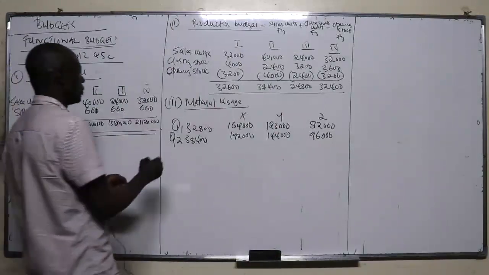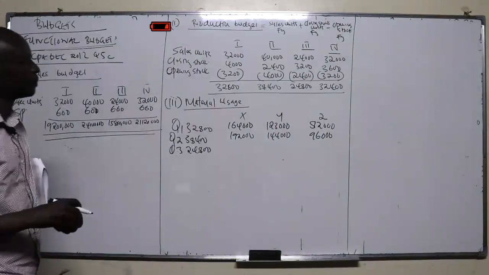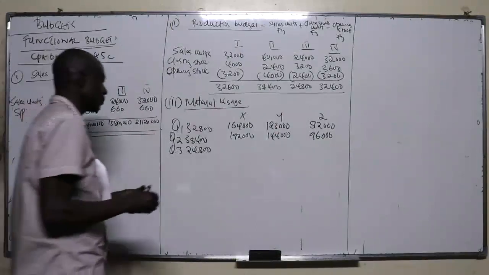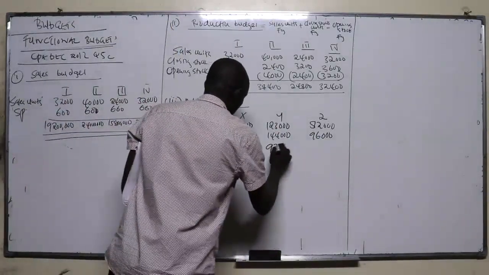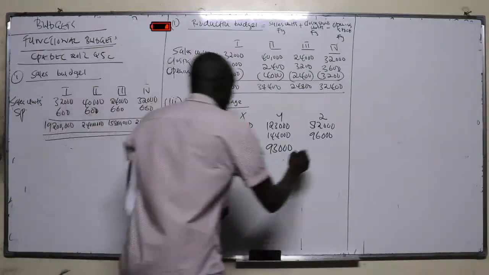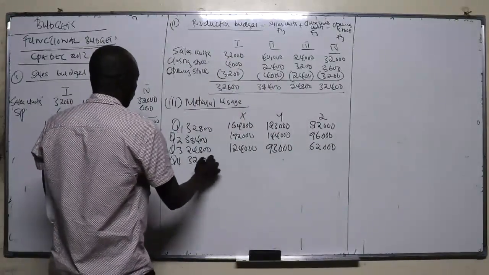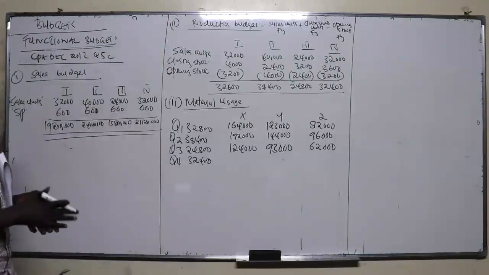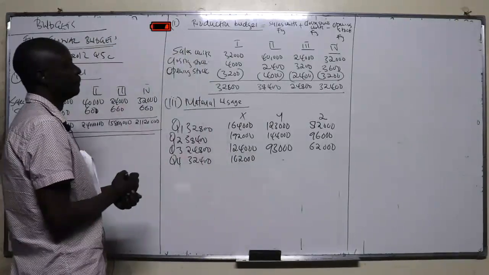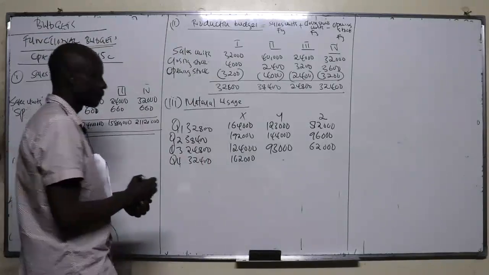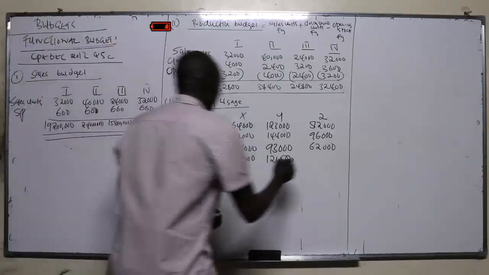And then we go to quarter 3, 24,800. 81.